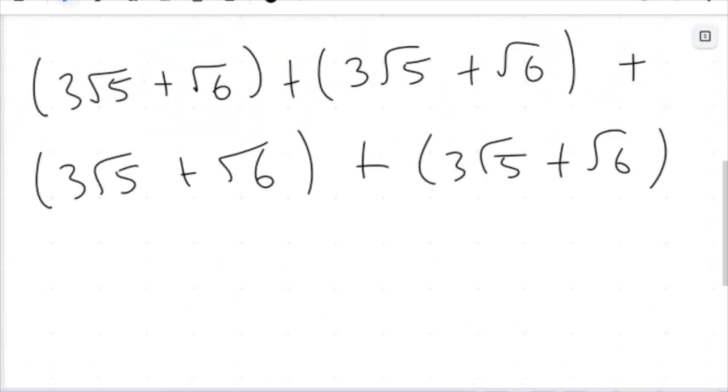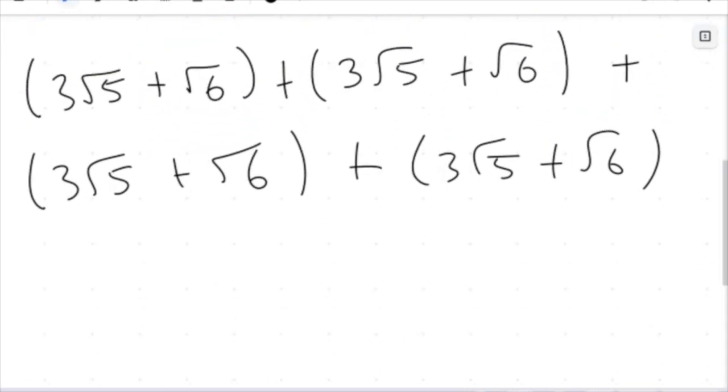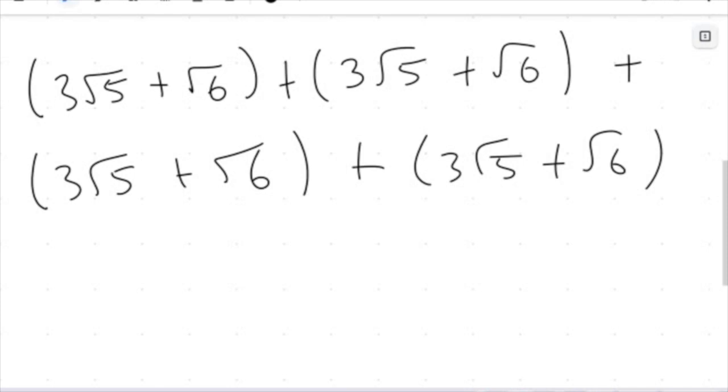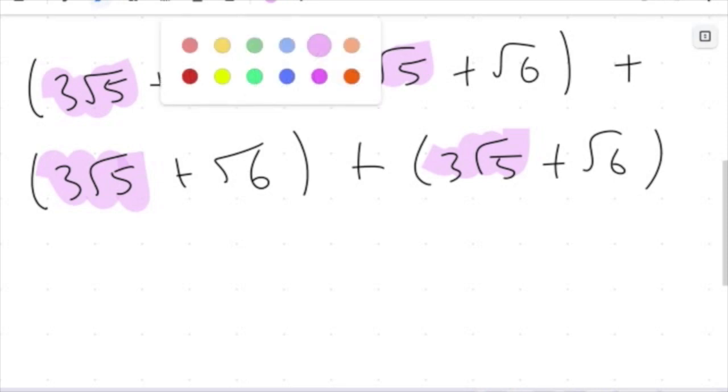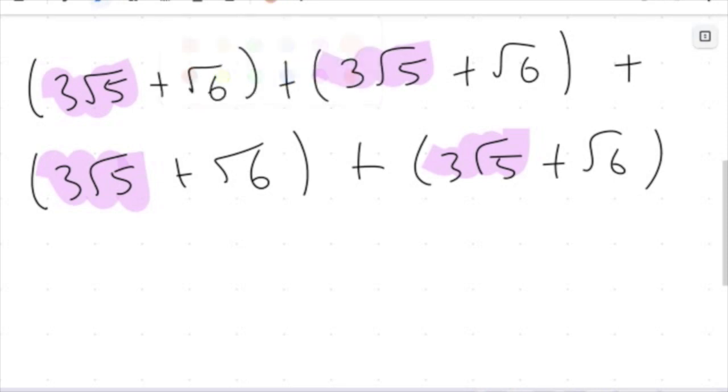Okay, perfect. That took way longer than I was hoping, but now we can just identify the like surds. I have 3 root 5 here, and the like surd is the root 5. And all of these give me like surds too: root 6, root 6, root 6, and root 6.